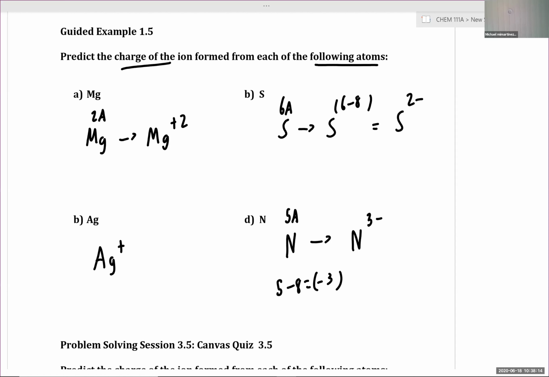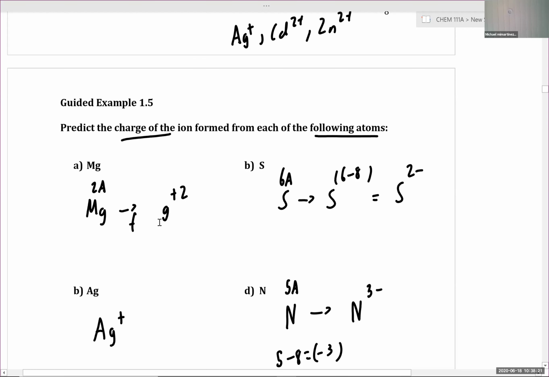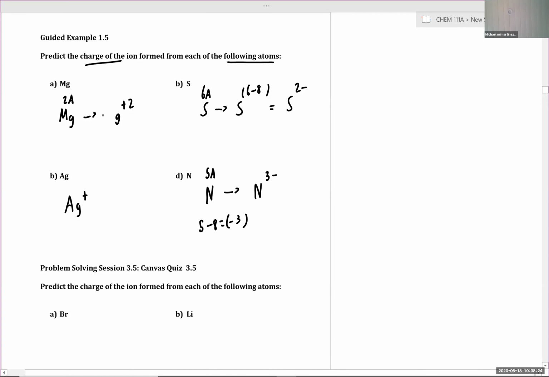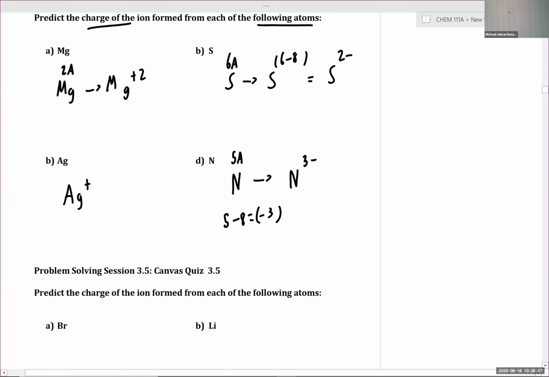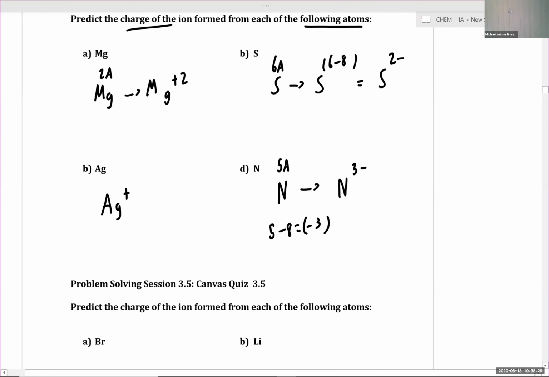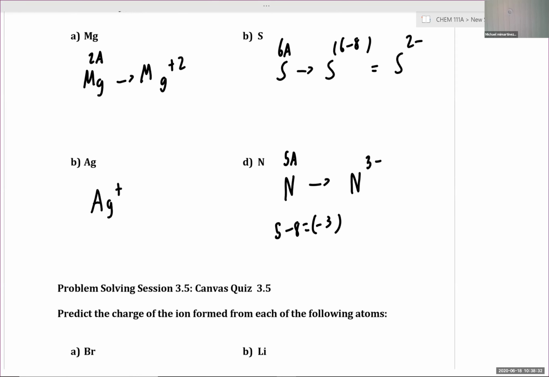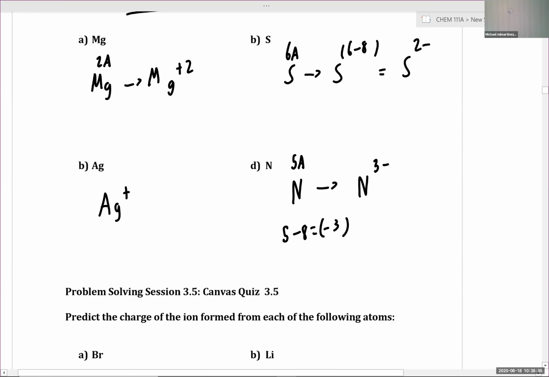So silver is a fixed charge transition metal. Let me zoom in. Sorry about that. Sometimes there's a bit of a delay over the course stream. Okay, so silver is a fixed charge transition metal, and it's found that silver prefers to form the silver plus cation.